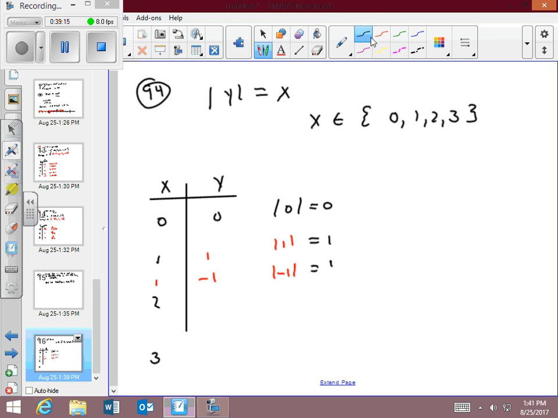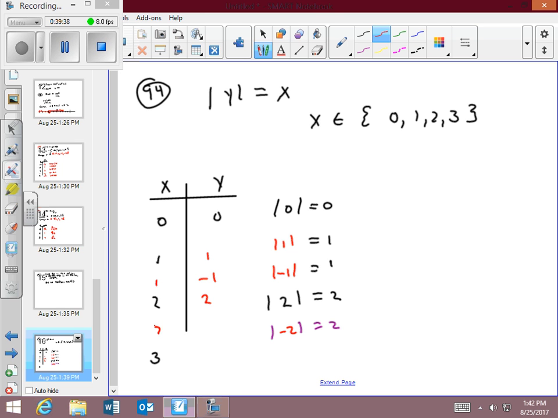Now then, if x is 2, it's obvious y could be 2, right? I guess less than obvious is if x is 2 and you do absolute value, you could have minus 2, right?